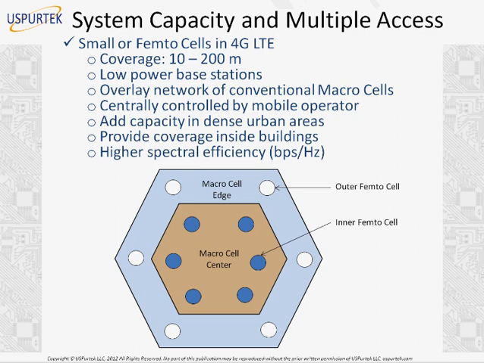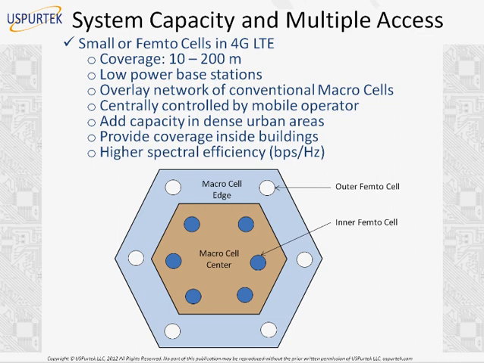So inside the picture you see in the cell, there is a macro cell center. There you see small circles inside, they are the femtocells. They are smaller base stations serving the local users. And then in the cell edge too, you could have outer femtocells. So this is a scheme with the femtocells. You provide an overlay network. So it's also called a HetNet, a HetNet of macro cells and femtocells, serving all the users.